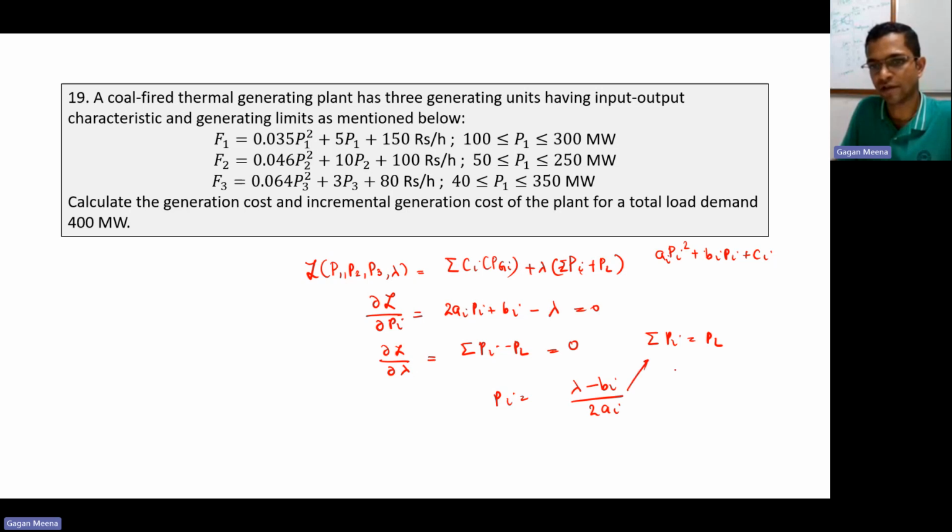You can substitute it here, lambda minus b_i upon 2 a_i. This summation is equal to P_D. From here we can find out lambda.